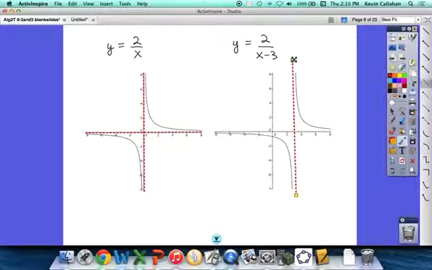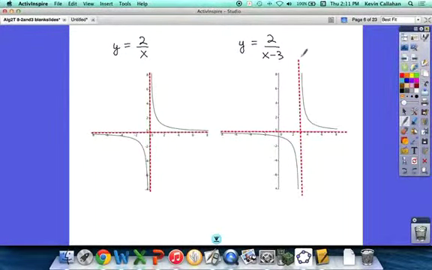What about the horizontal asymptote? Did that change? No, that is still here. So this is the line. What's the domain of that? x does not equal 3. It can equal anything else, but it can't touch 3. So x does not equal 3 is the domain.